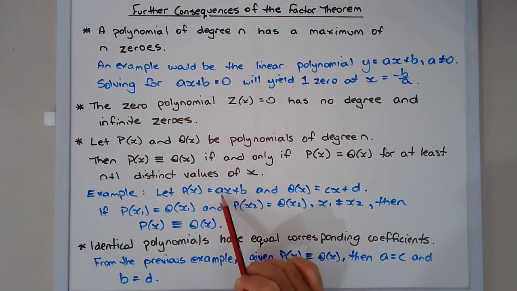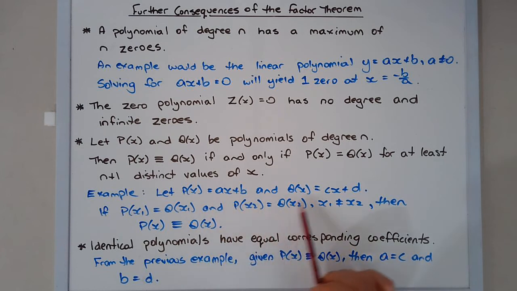So the coefficient of x for p of x is equal to the coefficient of x for q of x, and the constant term b for the polynomial p of x is equal to the constant term d for the polynomial q of x.